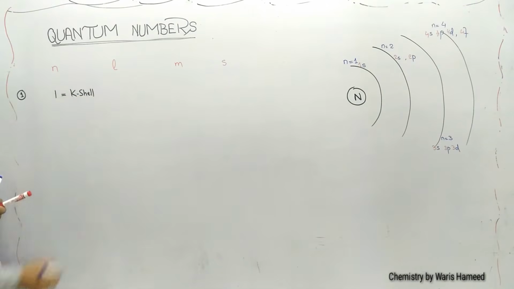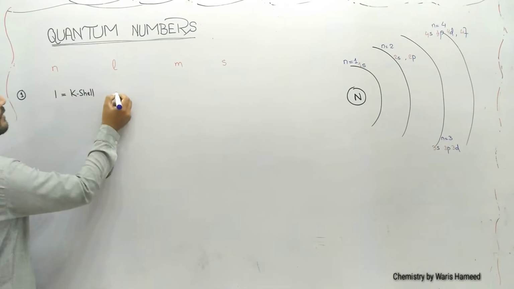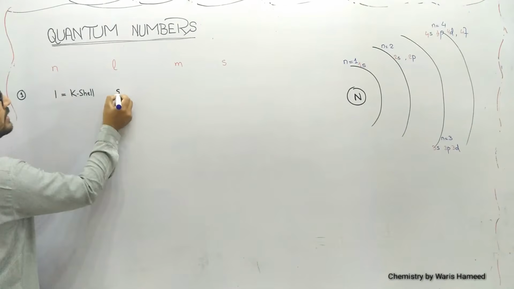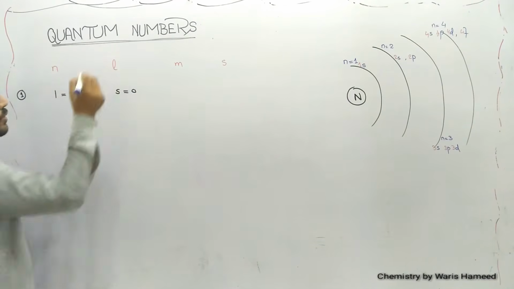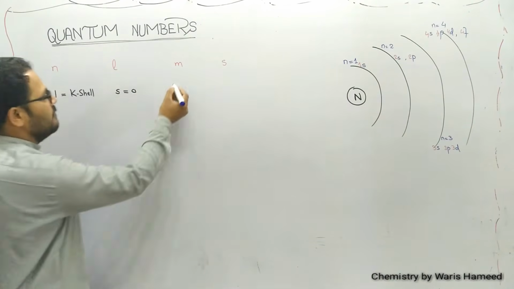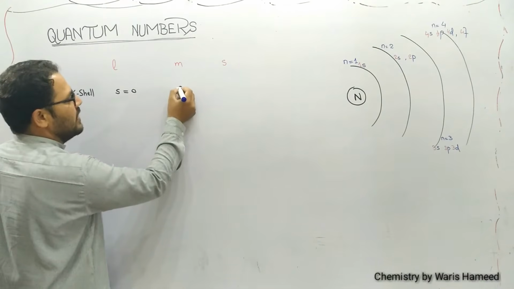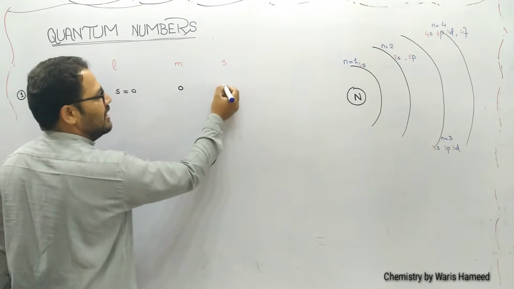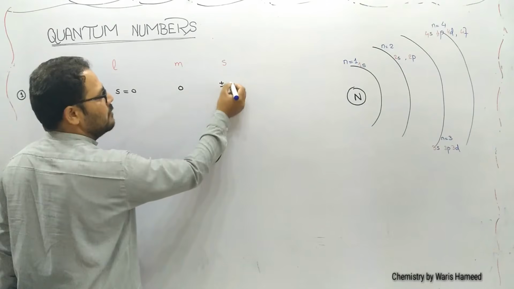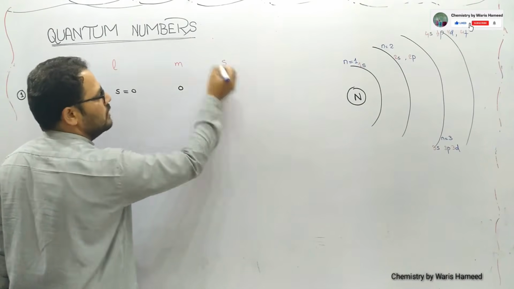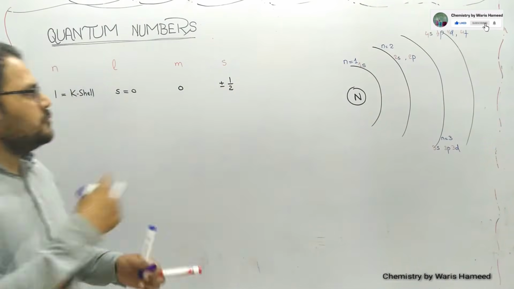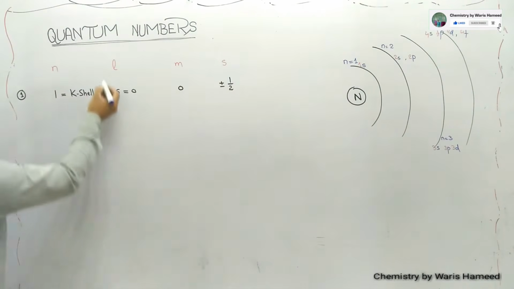L will have just one, s, and its value is 0. In case of the magnetic quantum number, again its value is 0, and the spin quantum number may have plus or minus 1 by 2, depending upon the spin of the electron.